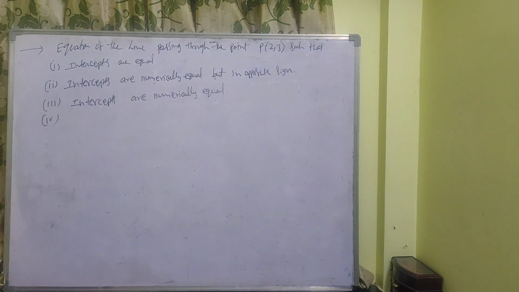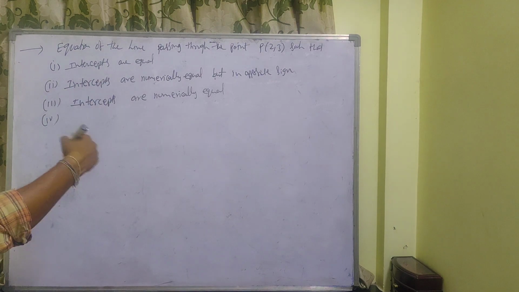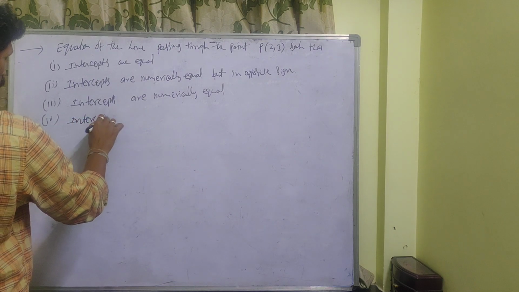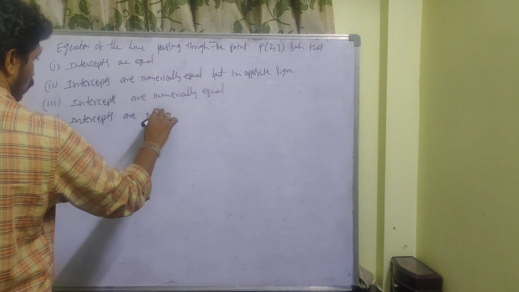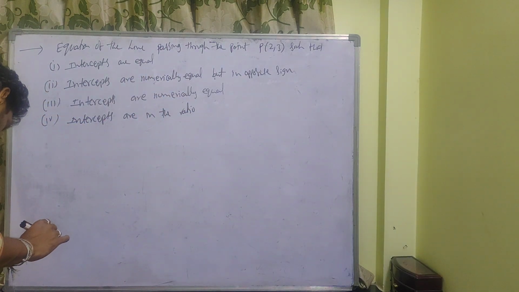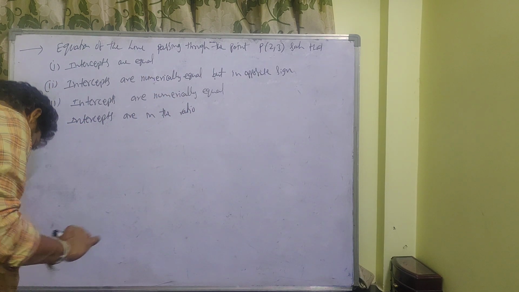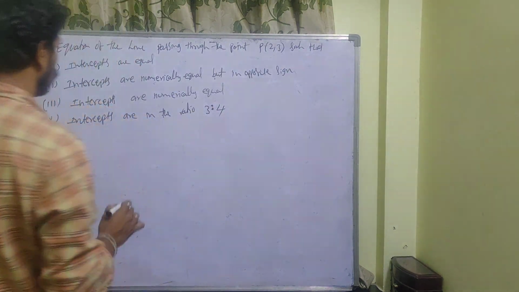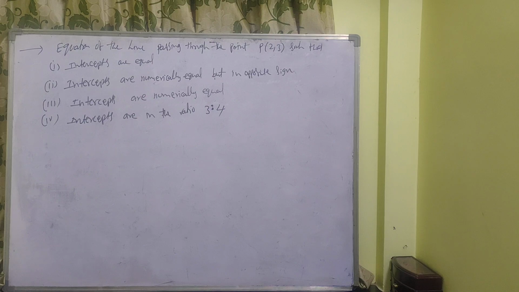Fourth, the intercepts are in the ratio m is to n, say 3:4. See how you do these problems.